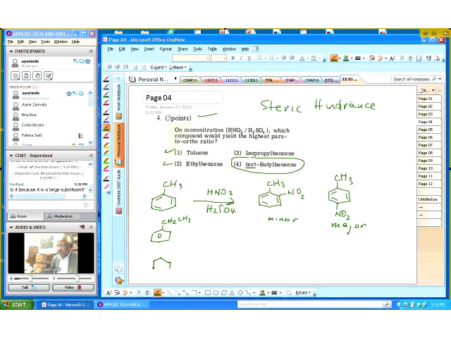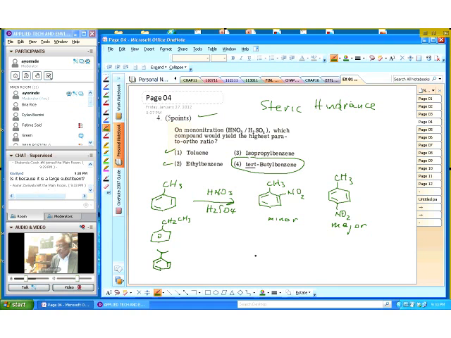So now the next one, they go to the isopropyl. Methyl is smaller than ethyl, so there will be less ortho product here, because there will be more steric hindrance. Now the isopropyl is bigger than the ethyl, so the ortho product will be less.